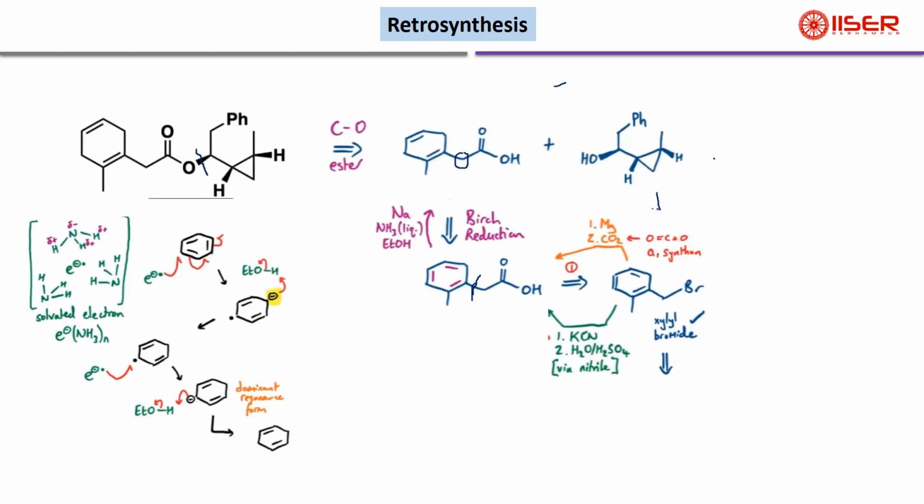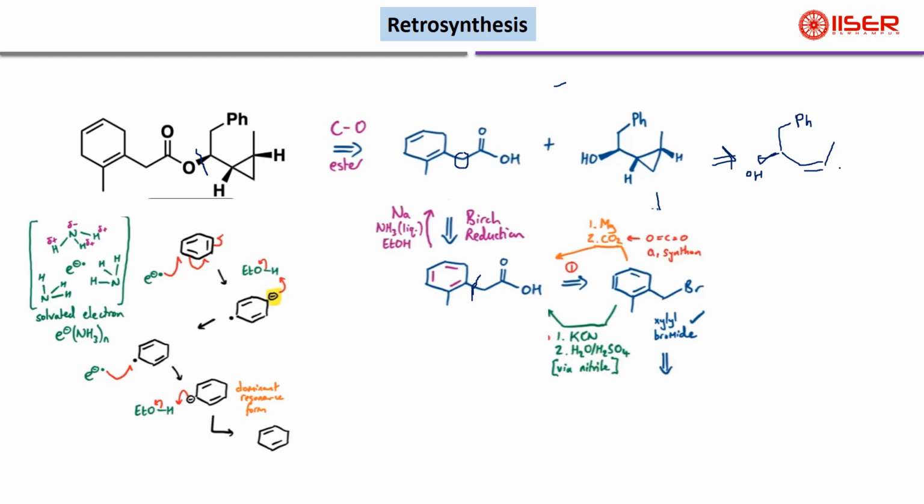And this can be prepared from, if I have a double bond here, in presence of Simmons-Smith reaction, it forms a cyclopropane.